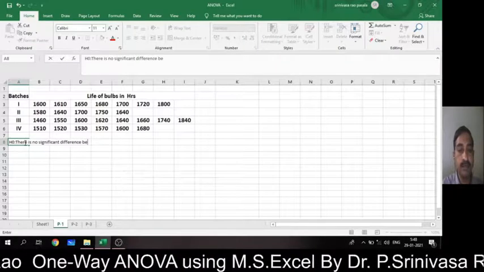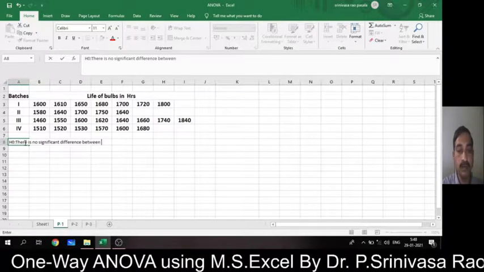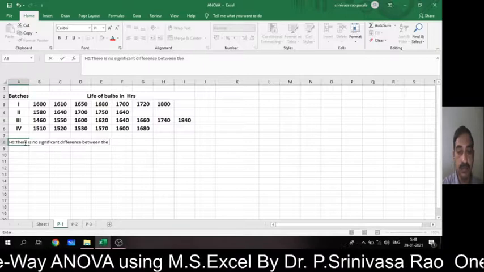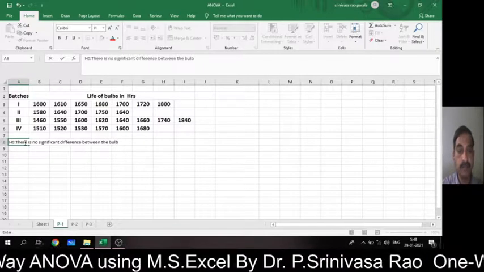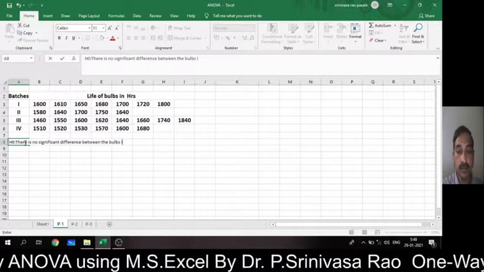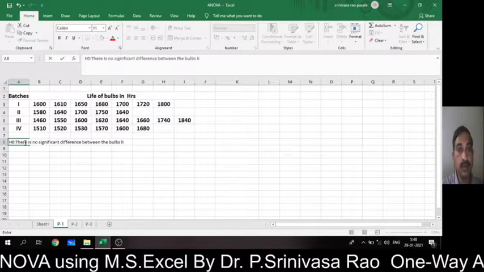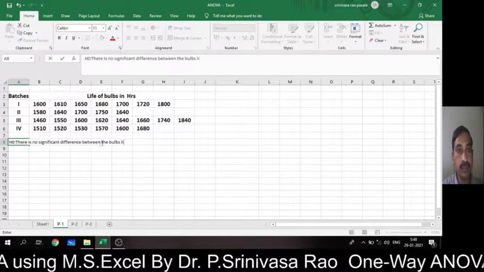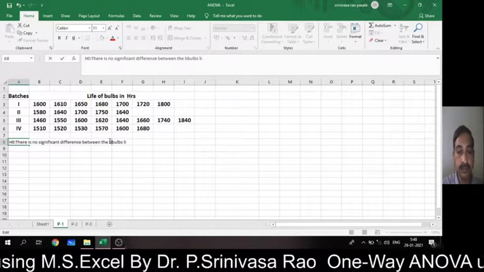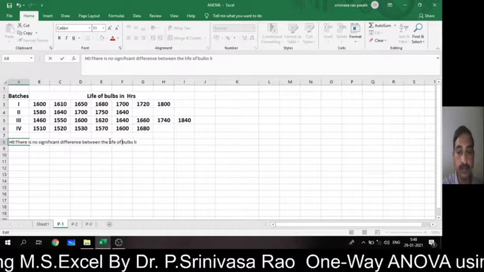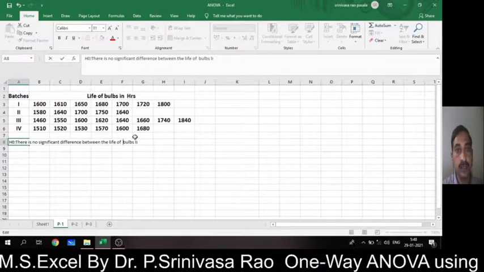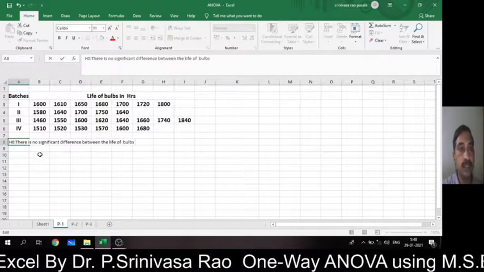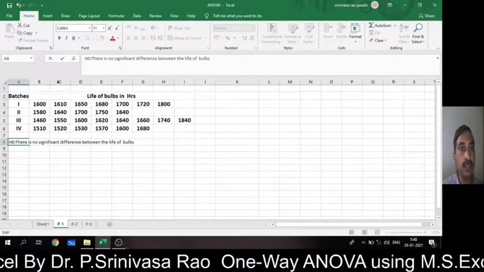between the lives of bulbs. You can formulate the hypothesis like this.